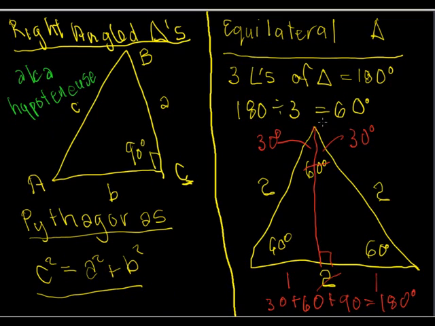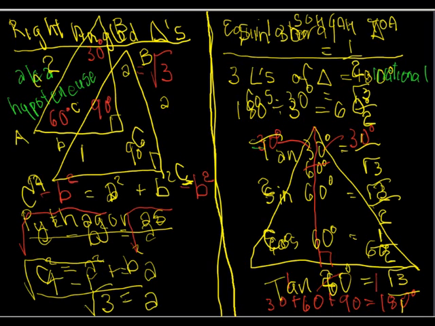Right. So then we moved on to the equilateral triangle. The 3 angles of a triangle add up to 180, so that's 60 degrees. We were able to introduce a little triangle like so: 30 degrees, 90 degrees, 60. Then we took half of that triangle into our next layer here.